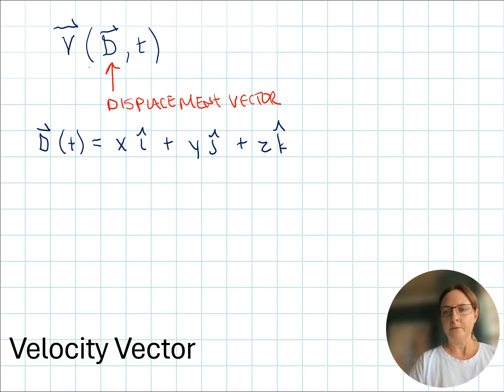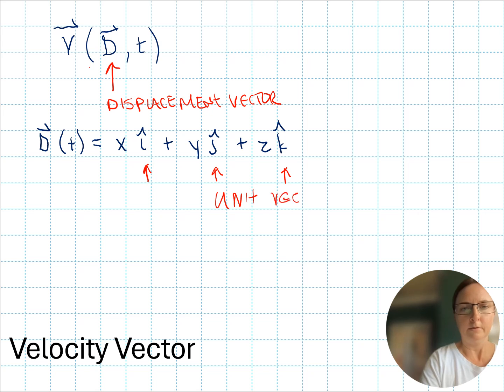And so because the position can change in up to 3 different spatial dimensions at the same time, this displacement is defined with the unit vectors i, j, and k, which of course each have a magnitude of 1 and are respectively in the x, y, and z direction.